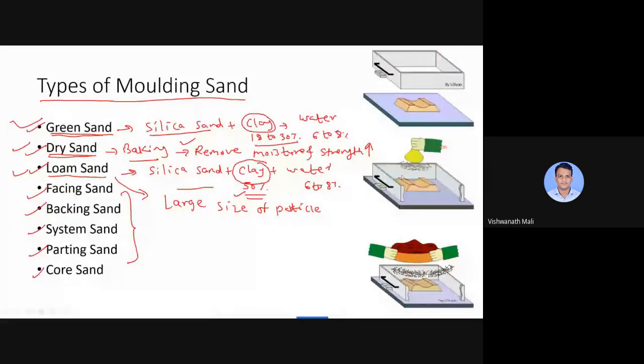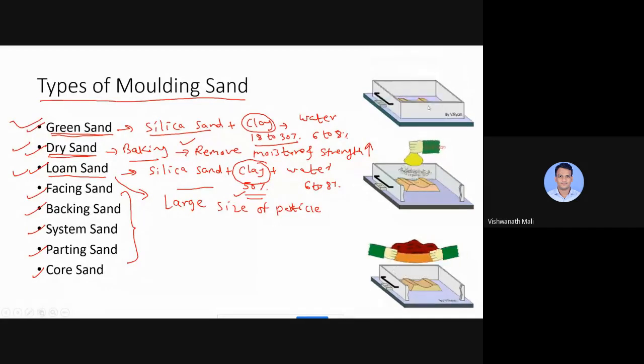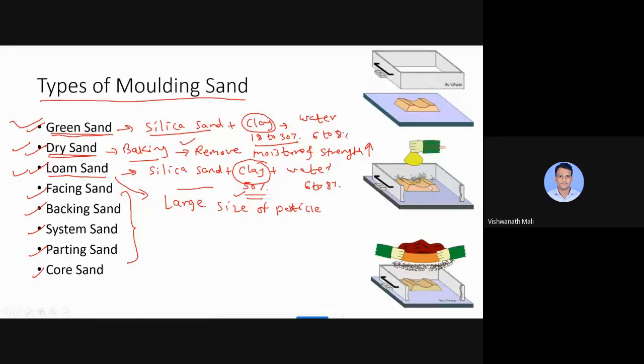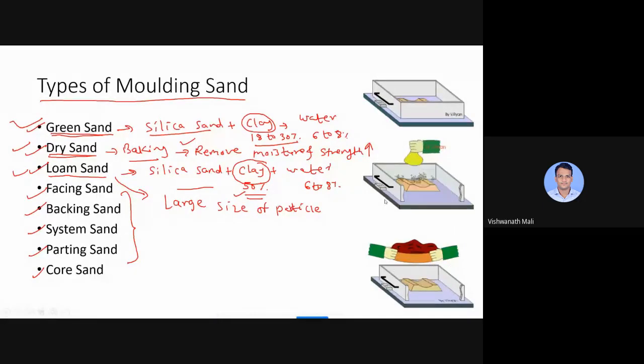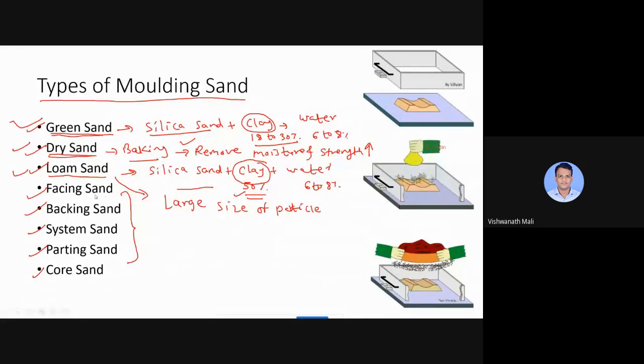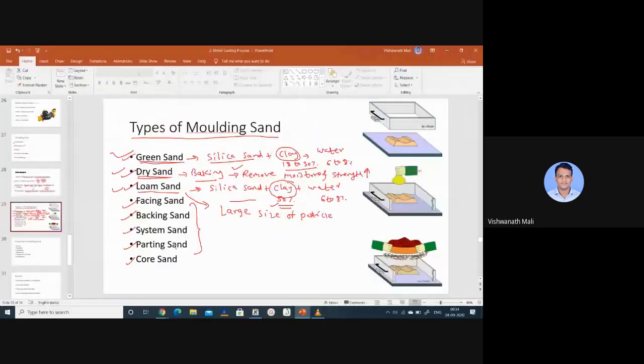Here you can see, first we kept this pattern, then kept this drag, and then we go for pouring this parting sand. Once we pour the parting sand, then we go for facing sand.